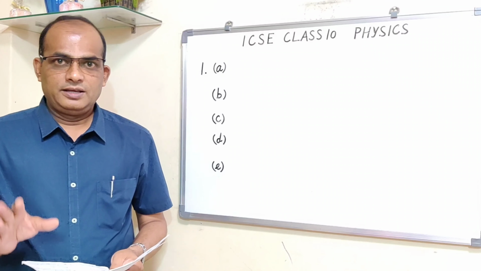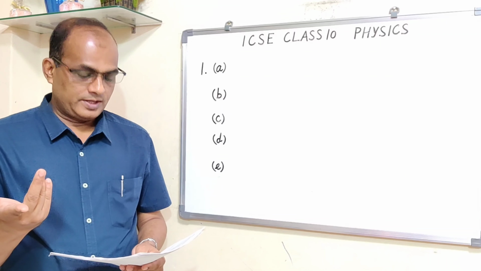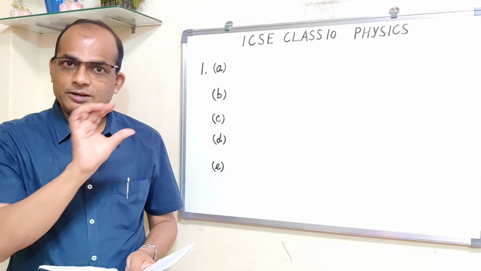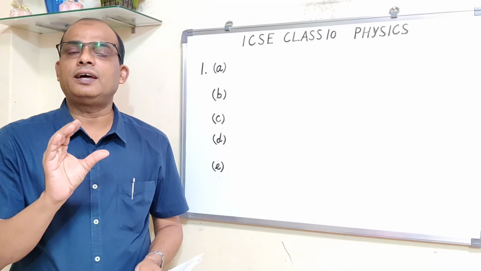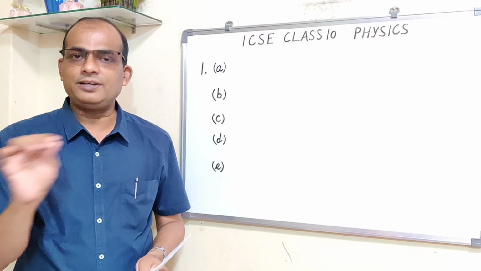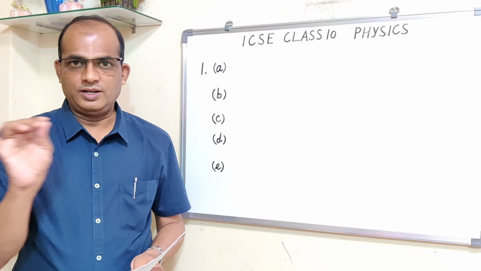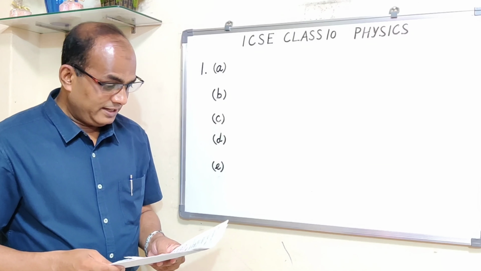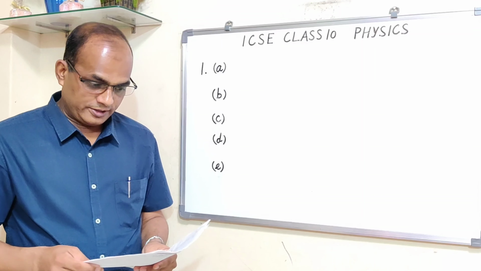Alright? And you know, here there is no half mark, either 1 or 0. So complete answer. In physics, I keep on telling the students, please write down the complete answer. Full answer. No shortcut.